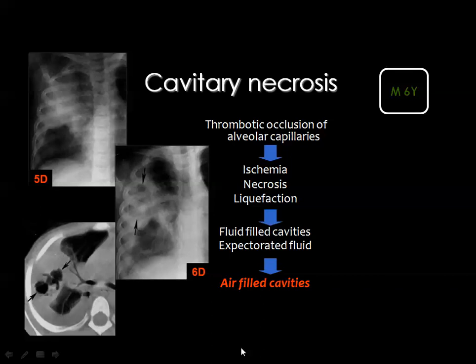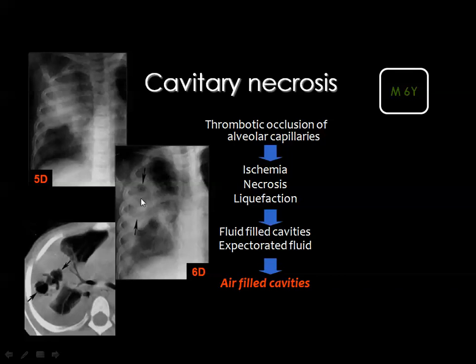Now we came to the last complication of pneumonia, which is known as cavitary necrosis. This cavitary necrosis means that a patient has developed a pneumonic consolidation that is rapidly developing internal cavitations.